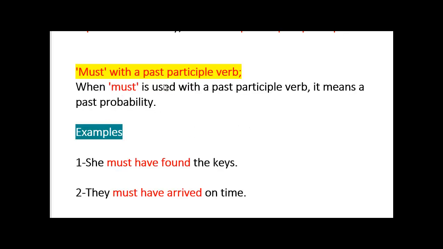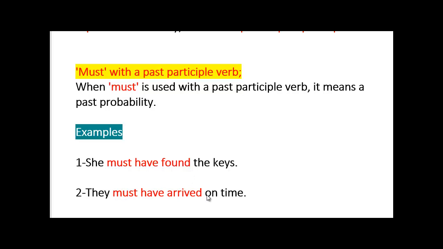If we are using must in a sentence and there is another verb to assist a past participle as an auxiliary or helper verb, here, guys, remember, if we are using a past participle, the meaning of the sentence will be probability. She must have found the keys. It's probable, very likely that she found the keys.